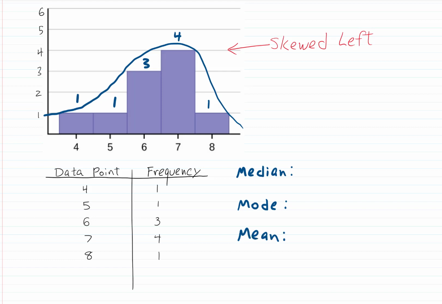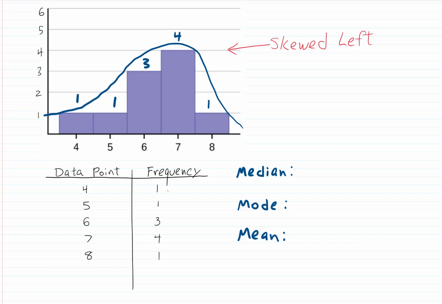Okay, so median. How many data points are there? There's 10 data points, right? Because there's a 4 and a 5 and 3 6s and 4 7s and an 8. That adds up to 10. So the median will be right between the 5th and 6th one. What's the 5th data point?